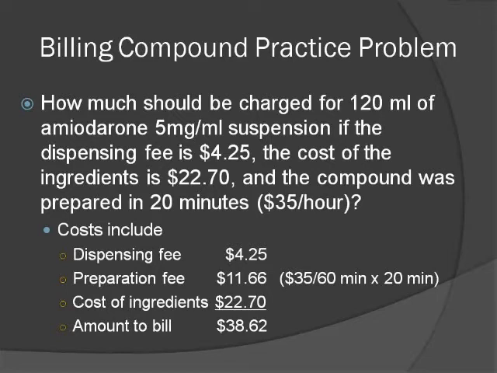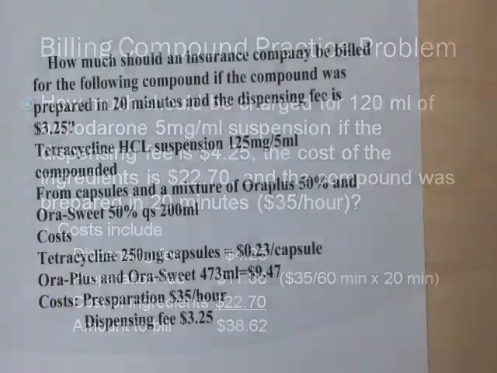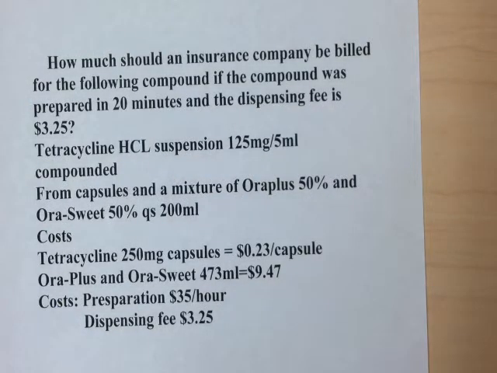Now why don't we take a look at a video illustration of a more complicated problem involving billing for compounds. The next illustration that you're going to see play out here is an example for billing for compounds. And these questions are pulled from chapter 20 in your calculations book. And we'll kind of go through the setup of this question, and then I'll put another sheet for our actual problem.